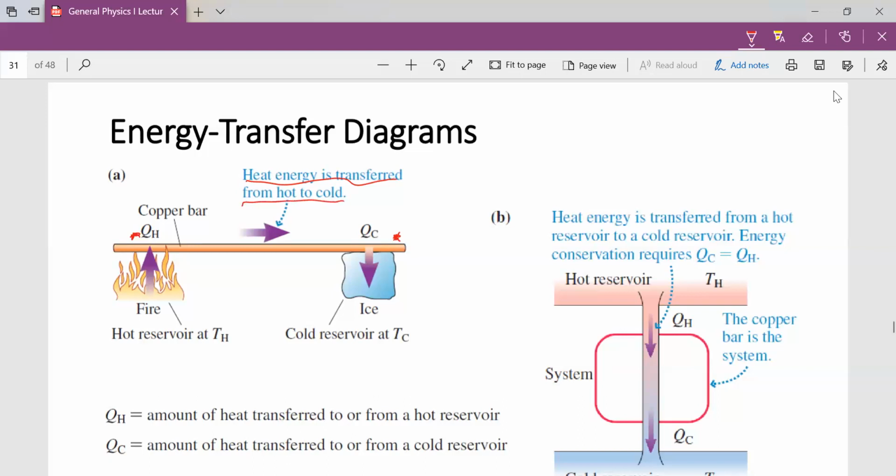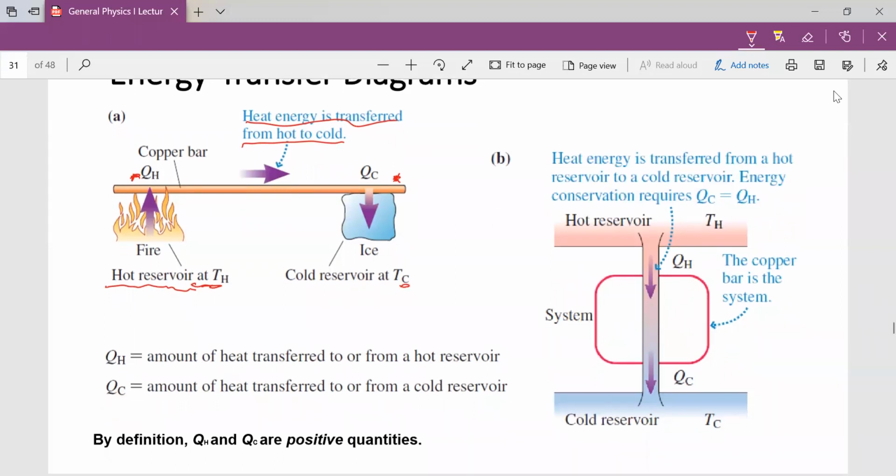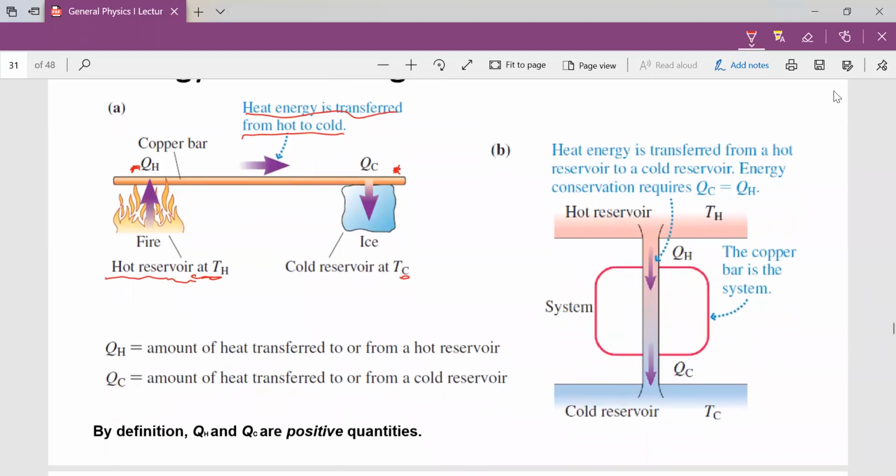This rod is being heated up. The hot part, which we call the hot reservoir, will have the temperature TH, H meaning hot, and also C meaning cold here. So it's moving from hot to cold region, which is basically the natural movement of heat. All right, so this is just the definition of what we mean by QH, the amount of heat transferred to or from a hot reservoir.